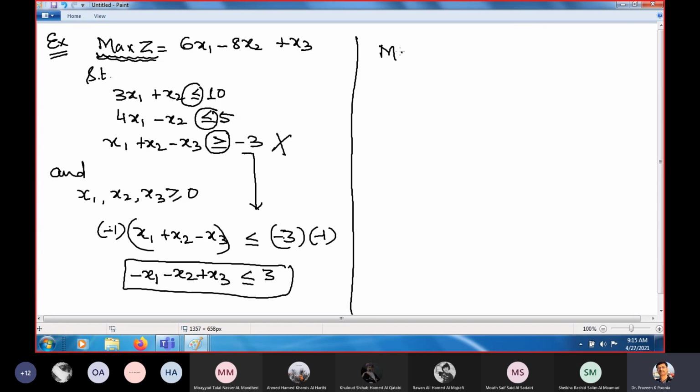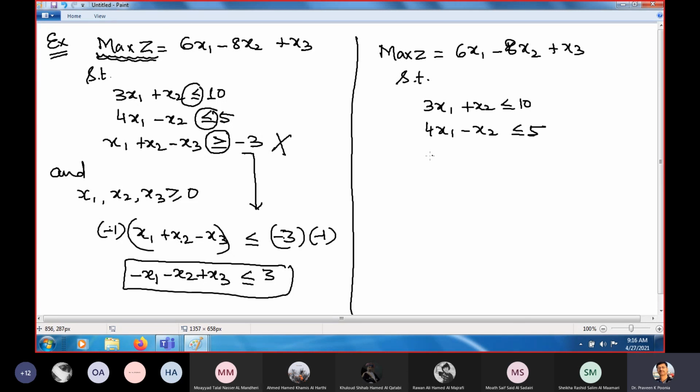Clear? So the revised problem: there is no change in the objective, 6x1 minus 8x2 plus x3, subject to the first constraint same, the second constraint same. Only the third constraint we are not going to use as it was.